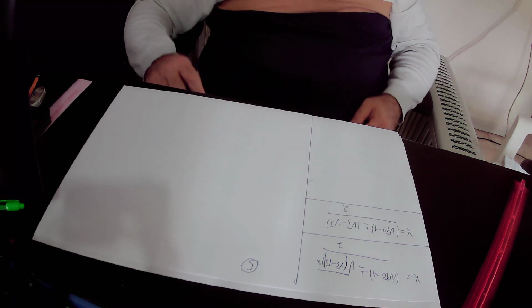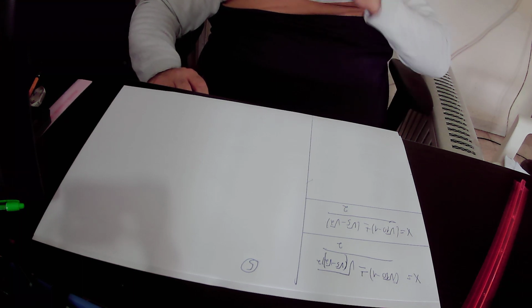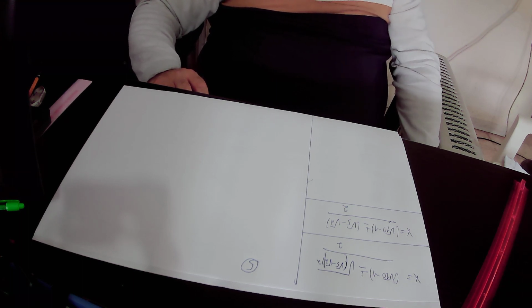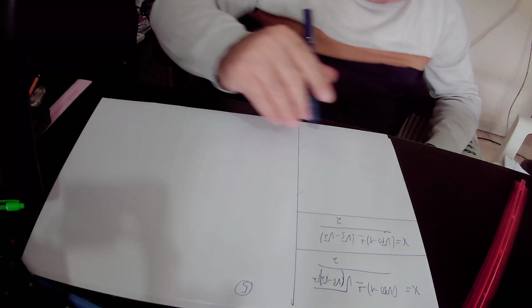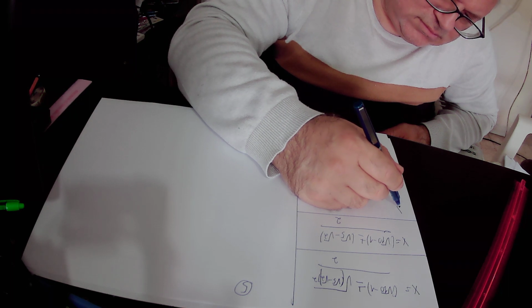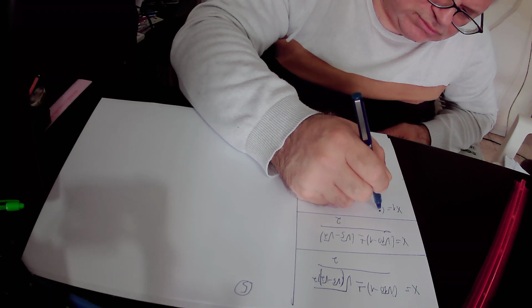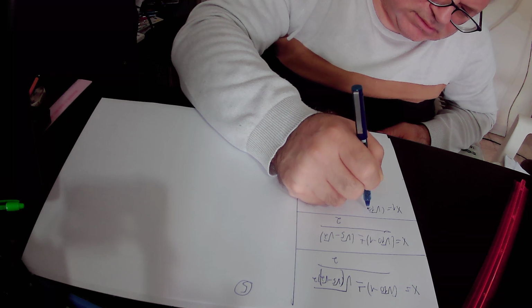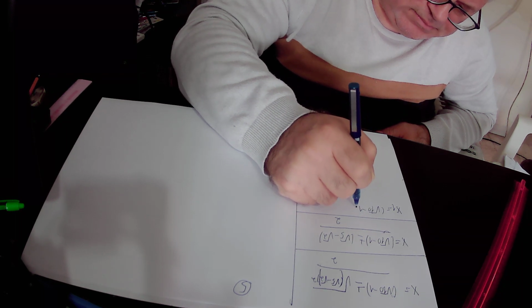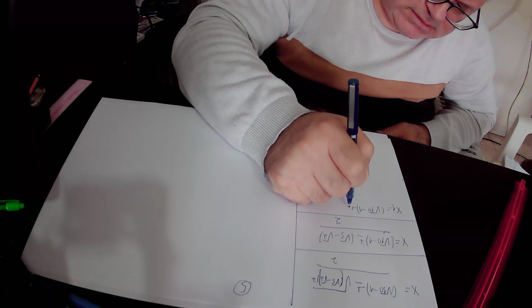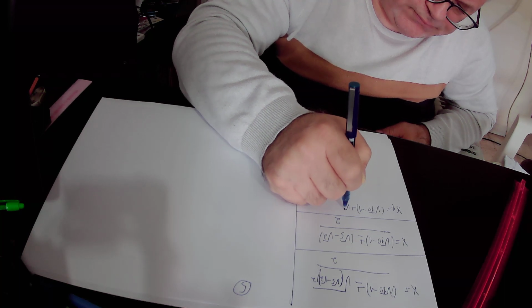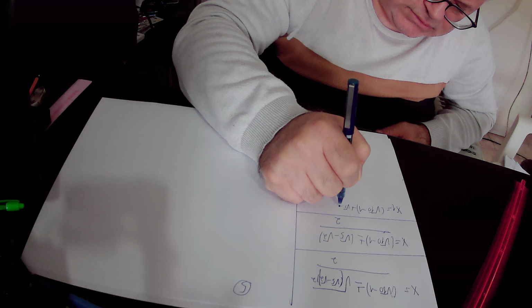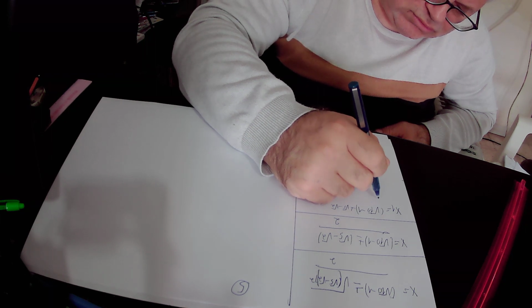So here we have two possible solutions for x. The first solution for x, we define it as x1, and the second solution for x, we define it as x2. So the first solution x1 equals square root of 10 minus 1 plus square root of 5 minus square root of 2, divided by 2.